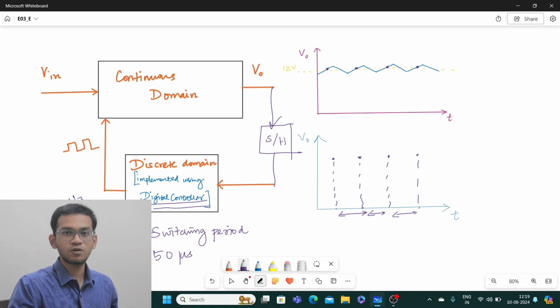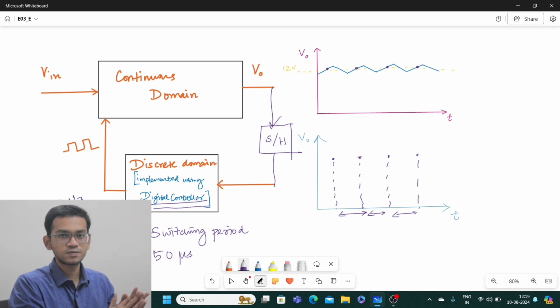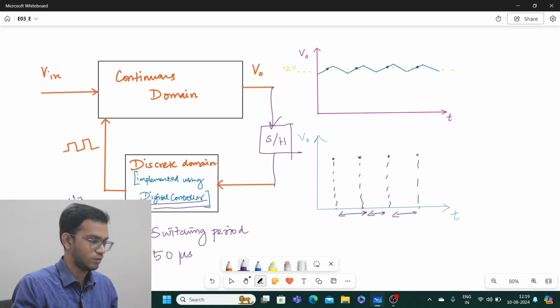But digital controllers work only in discrete time domain. That is the reason why we take a sample, process it, produce a PWM accordingly, and then we take the next sample, process it, produce a PWM accordingly. We do this again and again so as to implement this particular system in closed loop.